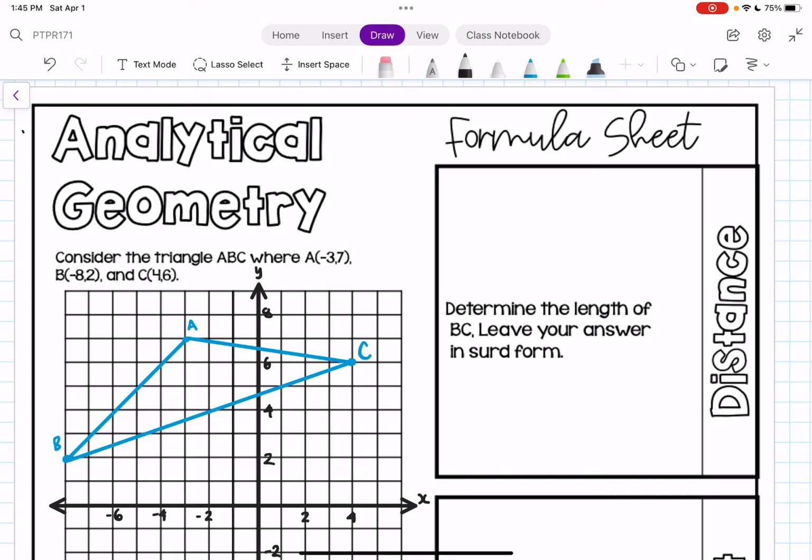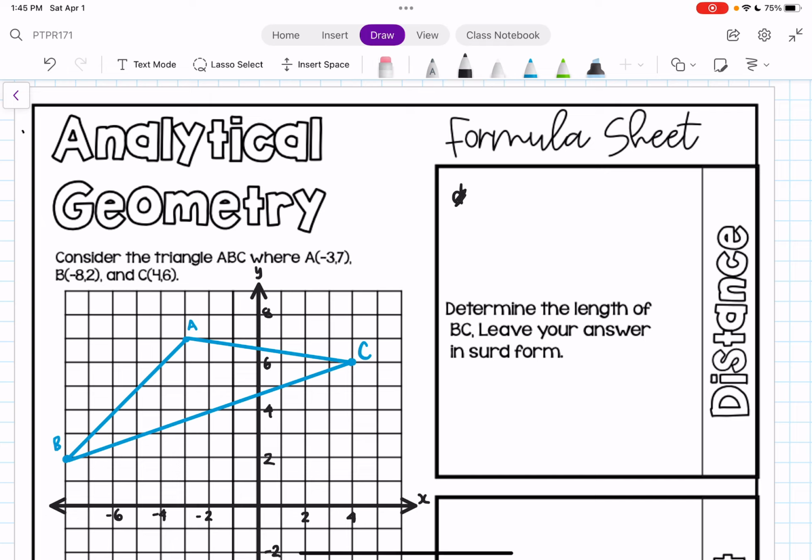So the formula for distance. You will see distance written with a lowercase d, and because we're looking for the distance between B and C, I'd like you to write d sub BC if that's what we're looking for. But here it's just straightforward. Right now we're looking for a generic formula.